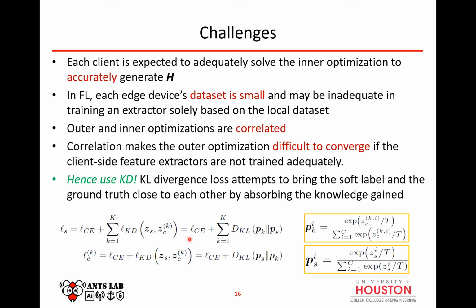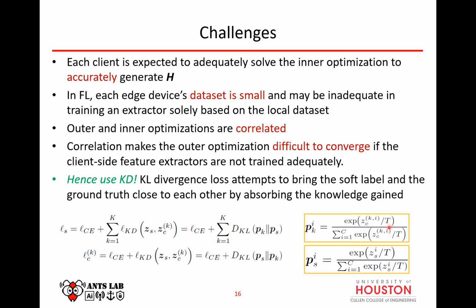So, I'm answering the question that was just asked over here. The loss function on the server side is the cross entropy loss, which is nothing but the logarithmic difference between the ground truth and the soft labels. And the LKD, the knowledge distillation loss, is nothing but the KL divergence between the probabilistic predictions of the edge and the server models. So the PK and PS over here are the probabilistic predictions, and they are dependent on the logits that are generated from your fully connected layers.